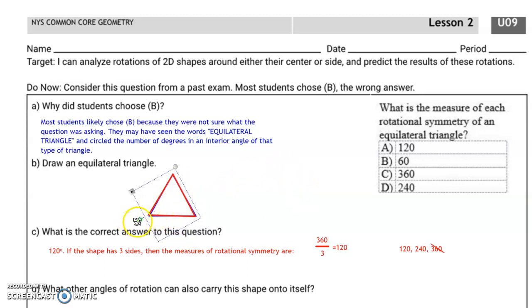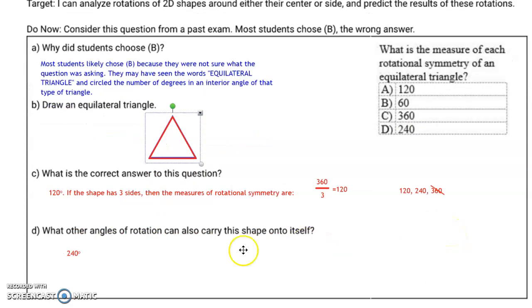If you spin it another 120 degrees, voila, it is covering the triangle. However, we don't say that 360 is part of its rotational symmetry because if you spin anything around 360 degrees, it lies on itself or it maps onto itself. So we don't ever say that 360 is a measure of rotational symmetry for a shape.